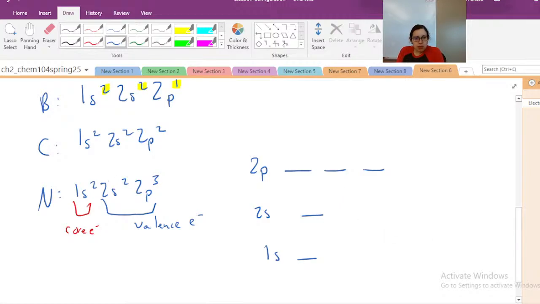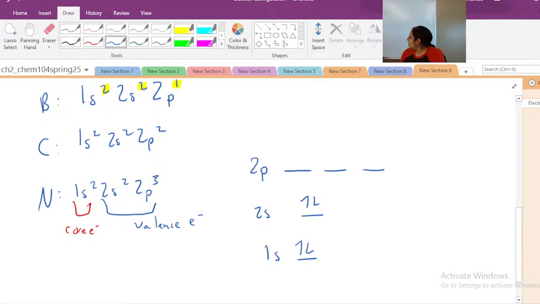And so nitrogen, 7 total electrons. And so again, note how we fill them up. We start on our 1s, so we have 2 electrons there. And again, there's only one orbital, so nothing weird about that. Then we put 2 electrons in our 2s. And so then the next question is, how do these 3 electrons fill up?